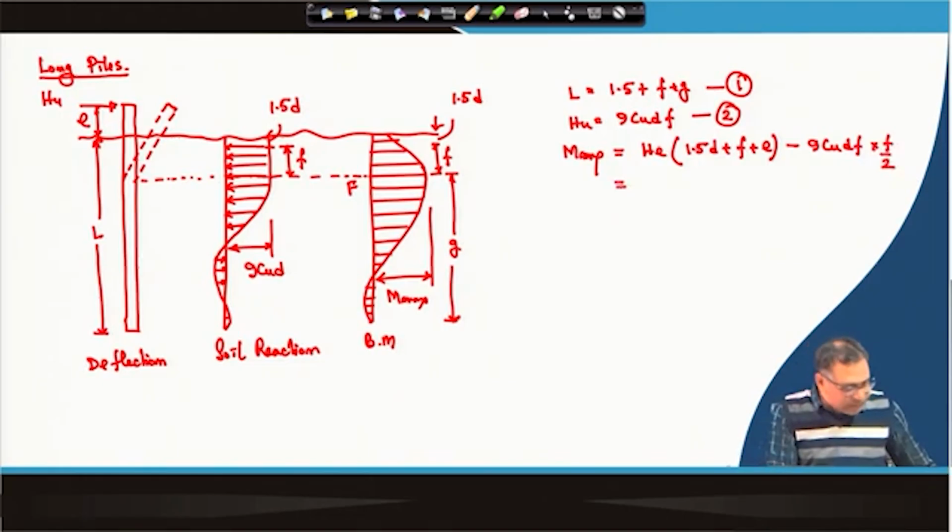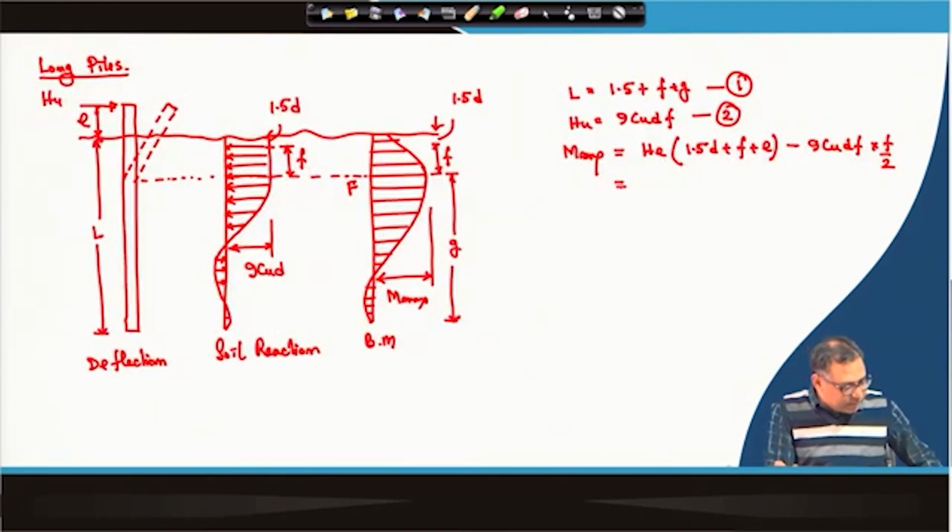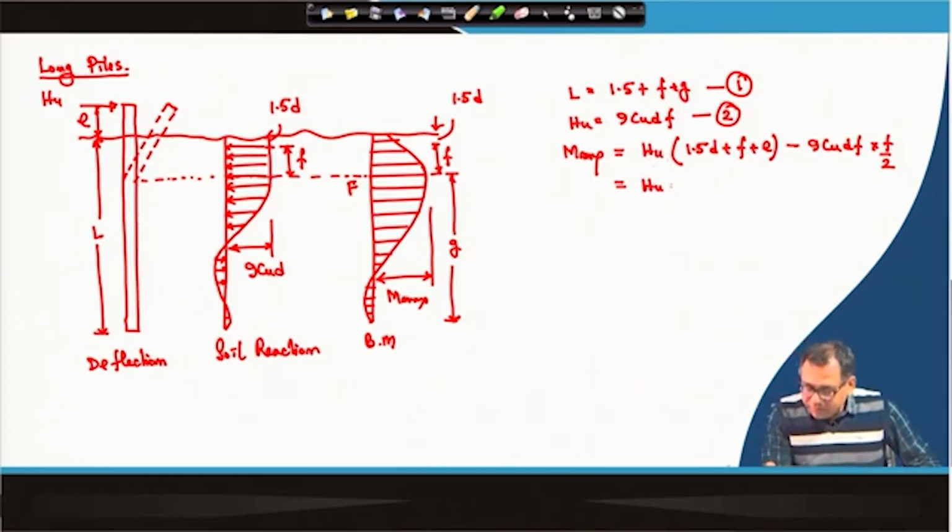So that is also valid. This value is coming out to be HU into E plus 1.5 D plus 0.5 F. So this is also valid.